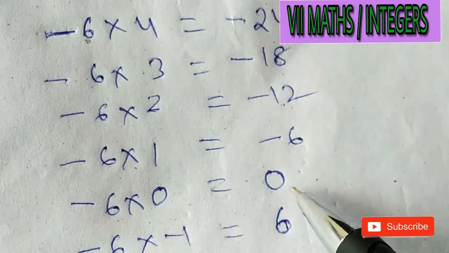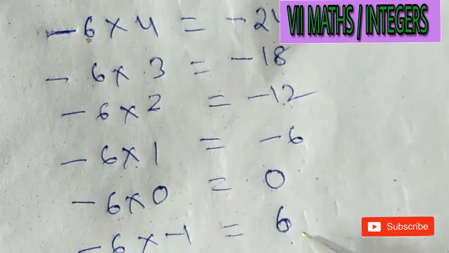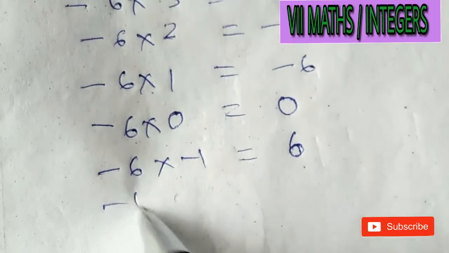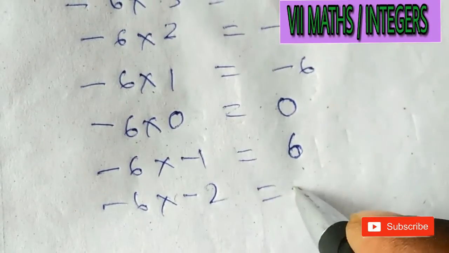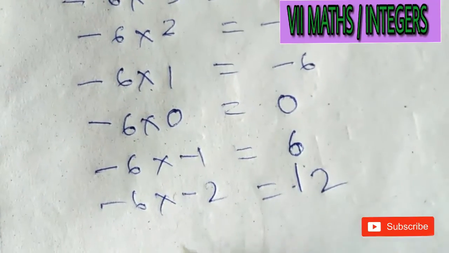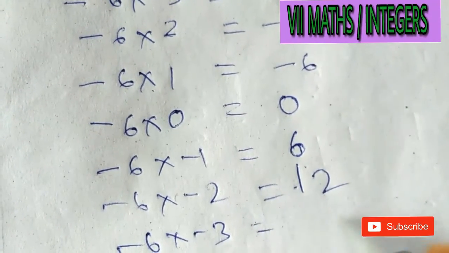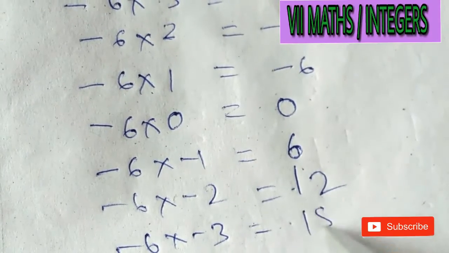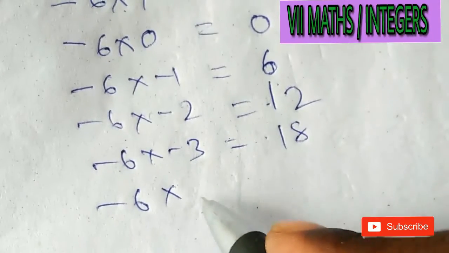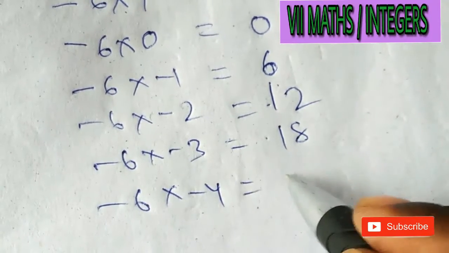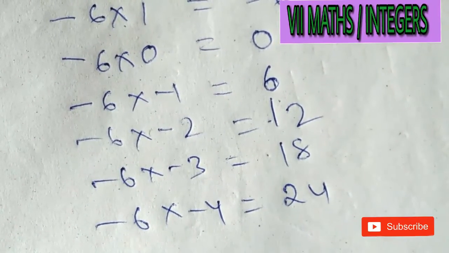If you add 6 to 0 you get 6. Understood? So now minus 6 into minus 2 is 12, minus 6 into minus 3 is 18, minus 6 into minus 4 is 24. What happened? 6 is increased.